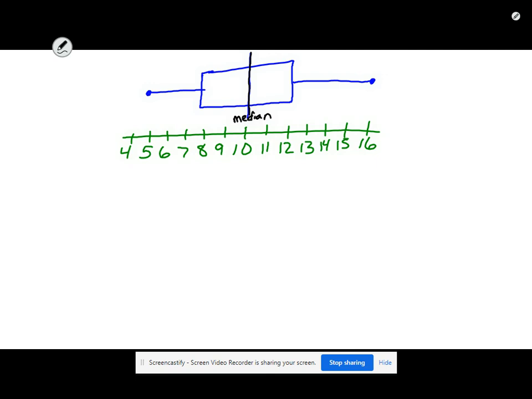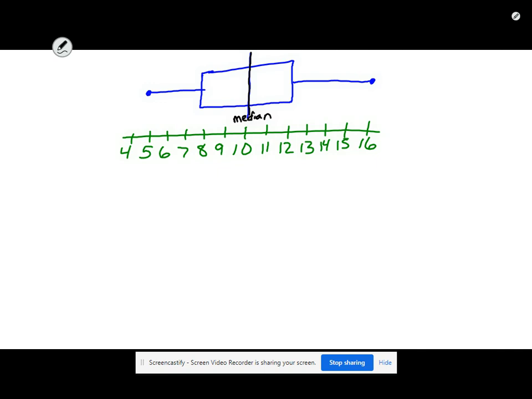So my median is the middle. That tells me half of my data points are above it and half of my data points are below it. So my upper quartile, my lower quartile. Where is the middle, the median of my upper quartile? Nolan? 14.